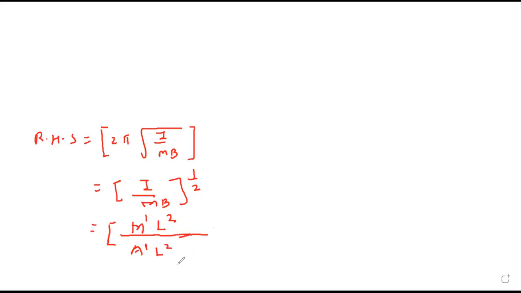B is F upon QV. F means M1, L1, T minus 2, upon QV. Q is IT. Keep in mind, charge Q is IT. IT means I will write A1, T1.